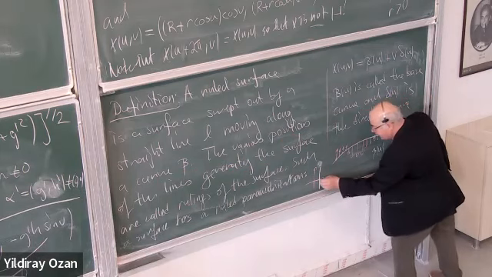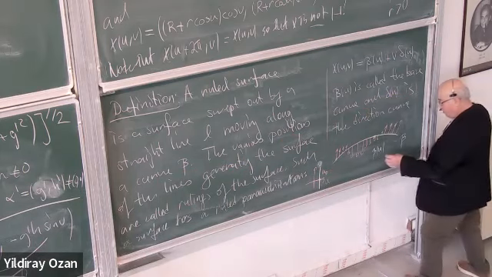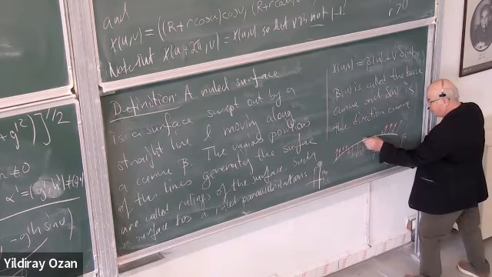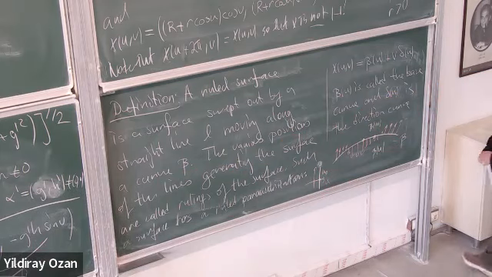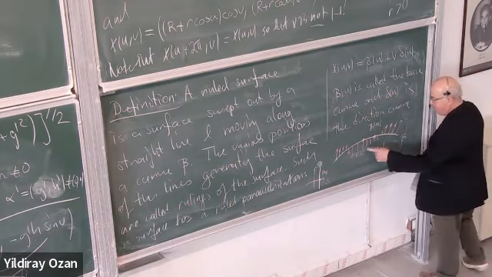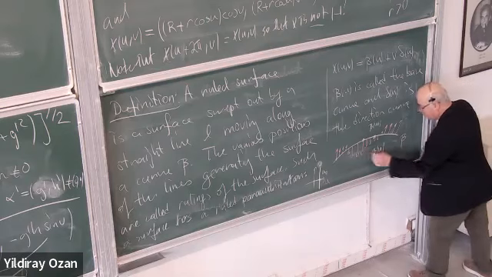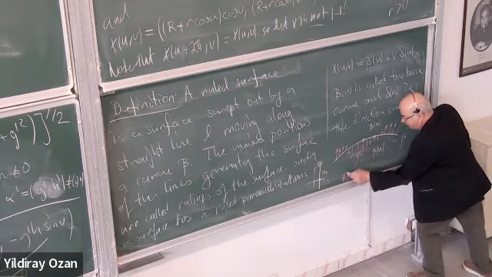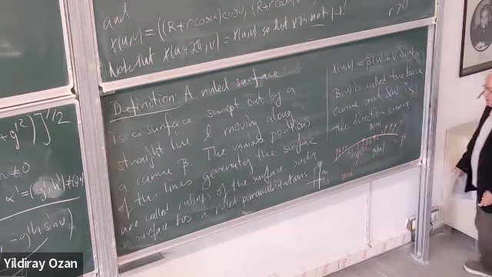At a fixed, let's say, u0, this point is beta(u0), and this vector is just delta(u0). At this point, I have this vector.